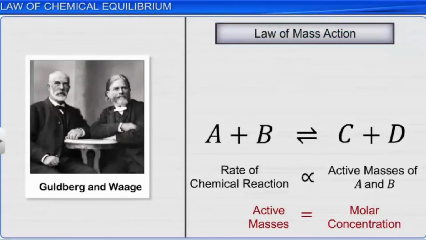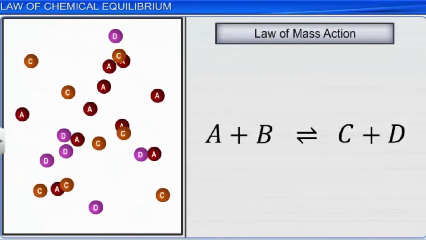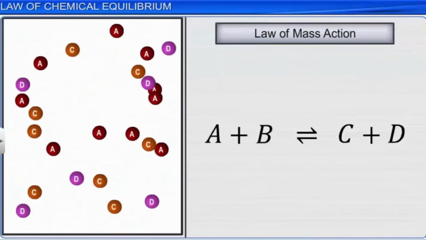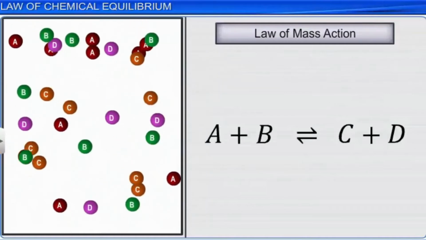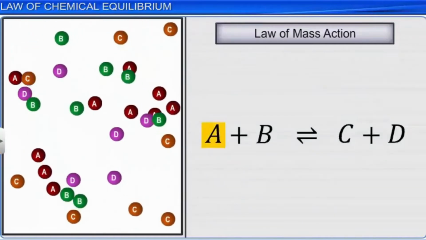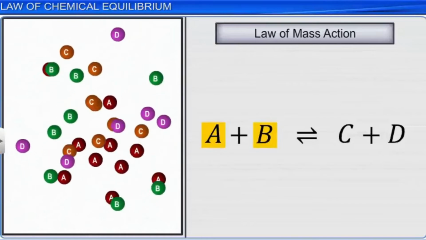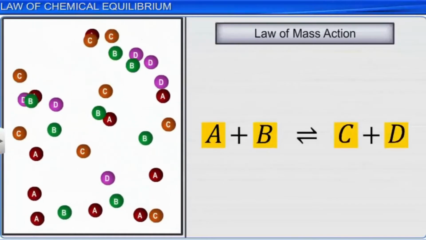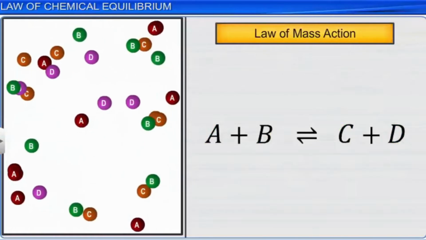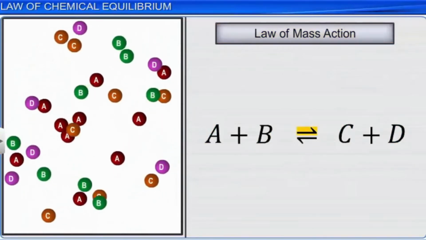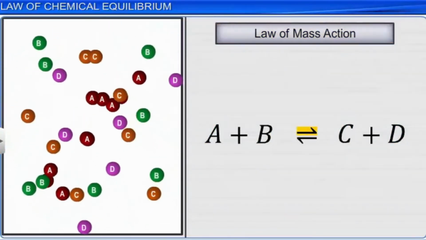Let's see how it applies to the equilibrium state of a reversible reaction occurring in a homogeneous system at a given temperature. Let 1 mole of A react with 1 mole of B to produce 1 mole each of C and D. According to the law of mass action, the rate of forward reaction will be proportional to the molar concentration of the reactants A and B.